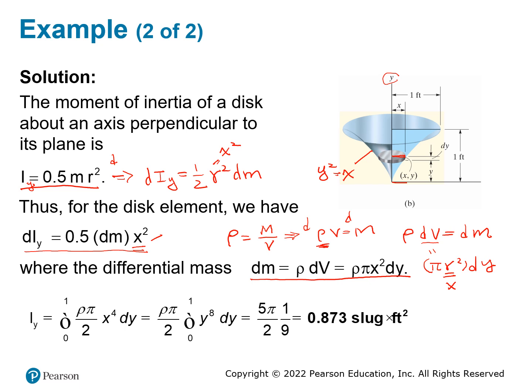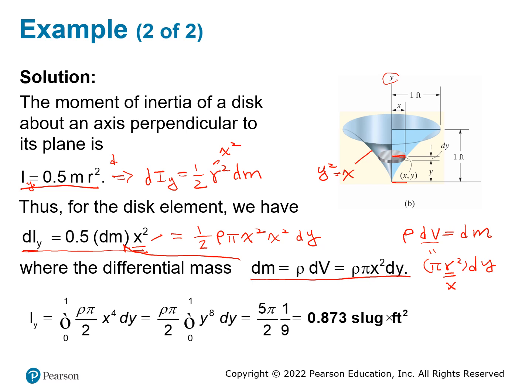Now we're going to put this into this equation right here, and then we can write our equation as this. Let me just clean this up a little bit, and then we can write this all together. So we can write 1/2 dm is equal to this whole thing, rho pi x squared, and multiply another x squared dy.